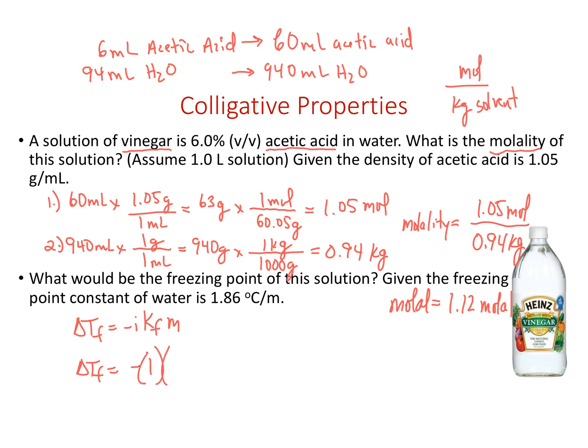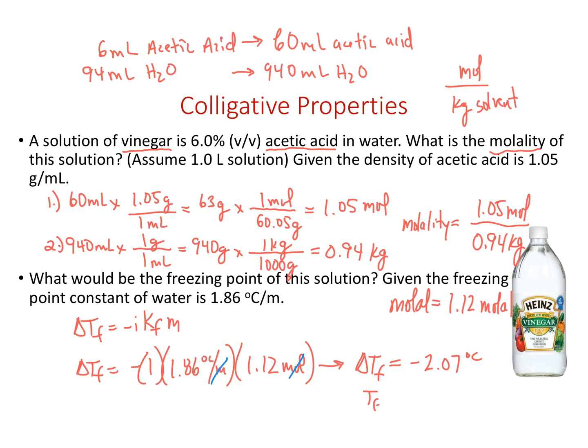My freezing point constant for water, 1.86 degrees Celsius per molal, and my molality, 1.12 molal. So when I multiply, molality cancels out, and I'm left with degrees Celsius, and that's good because I'm looking for a temperature. And so my change in temperature of the freezing point would be approximately negative 2.7 degrees Celsius.